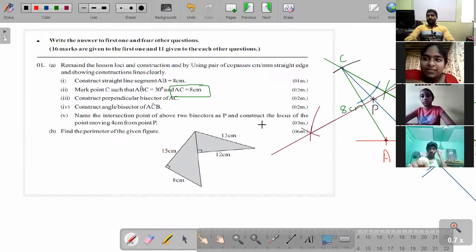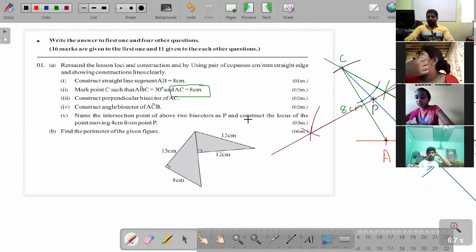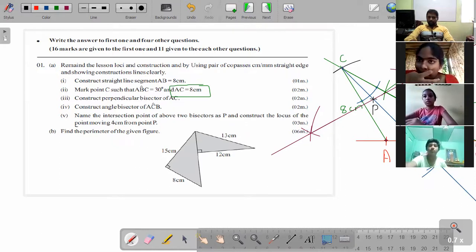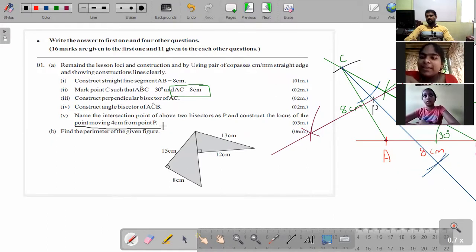And construct the locus of the point moving 4 centimeters from point P. Do you remember there are 4 locus? About 4 locus we discussed. What is this? Construct the locus of the point moving 4 centimeters from point P. What is the locus?